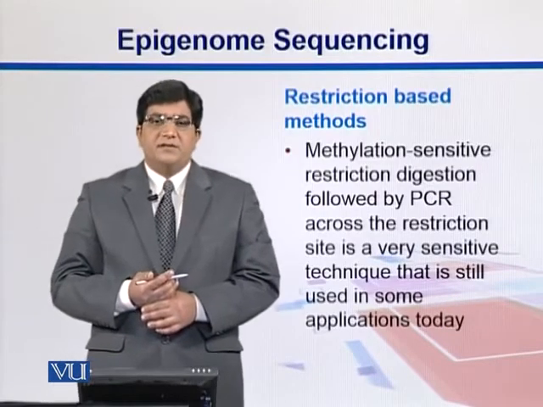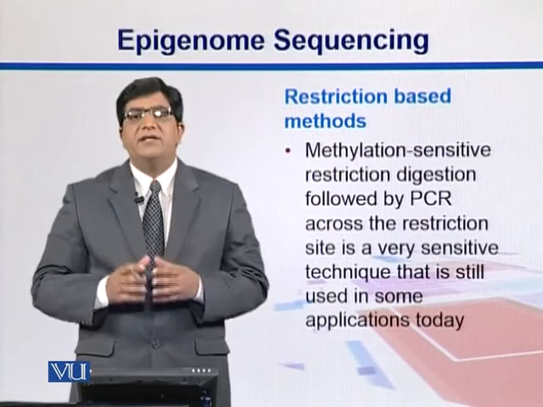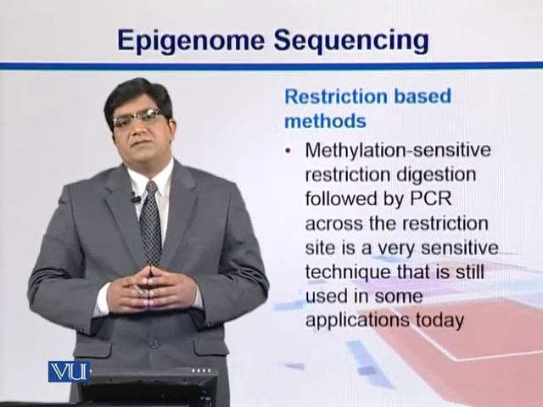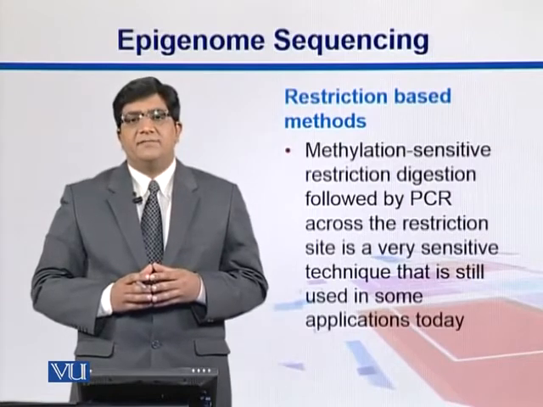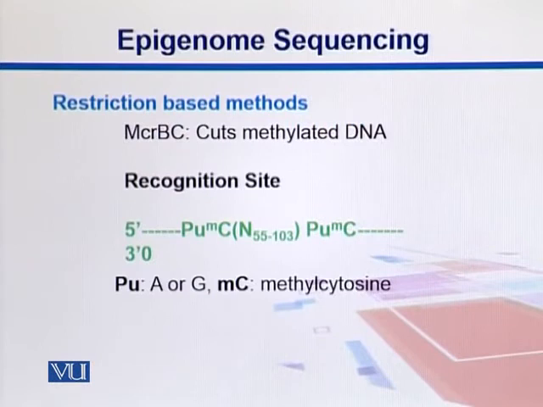In restriction-based methods, we use restriction enzymes. Those are the enzymes which cleave DNA at specific places. These enzymes cleave the DNA where we have methylated nucleotides. Here we see one enzyme, McrBC, which cuts methylated DNA, and here is the segment which it recognizes. It has a purine, then a cytosine which is methylated, and in between there are 55 to 103 nucleotides, and again we see this same pattern: a purine, which may be A or G, and then again a methylated cytosine.